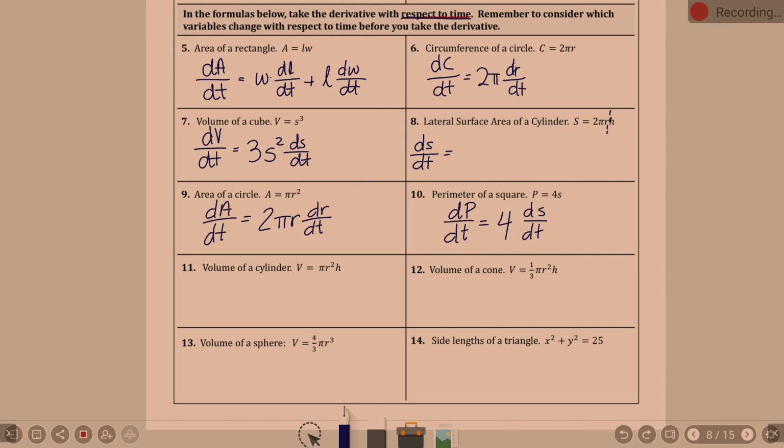One option: the r is a variable, the h is a variable. What about 2 pi? It's just a constant. So one option, which is what I have in my notes, is to keep the 2 pi, then do parentheses or bracket, and then do the product rule on the rh.